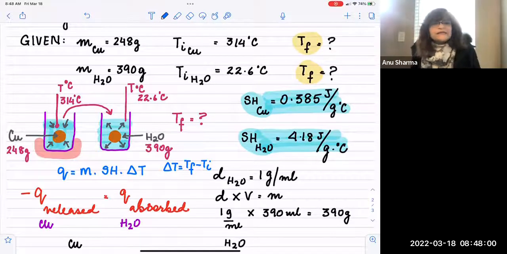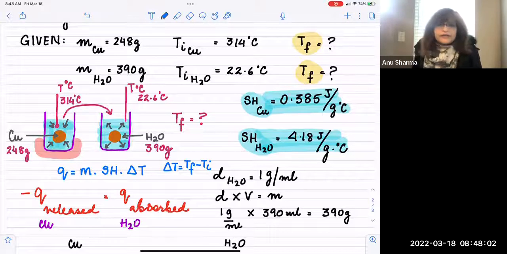Now, how is this done? First of all, we take some amount of copper, we take the weight of that copper, and generally it's some object of copper, like a little brick or a little cube, or even a sphere made of copper. You take those copper pieces and you heat them in water or something where it gets very, very hot. It depends on the temperature of the water and how much heat the copper can absorb.